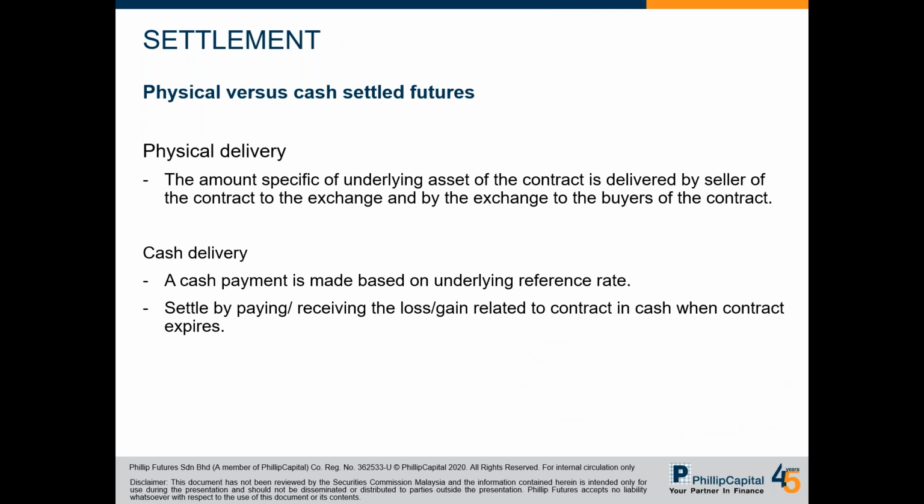Okay, so in this slide, I will explain about settlements. In a futures contract, we have 2 types of settlement, which are physical settlement and cash settlement. Physical delivery refers to the specified amount of the underlying asset of the contract being delivered by the seller of the contract to the exchange, and by the exchange to the buyer of the contract.